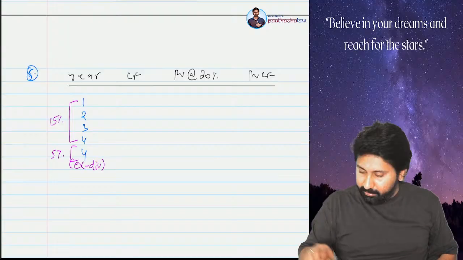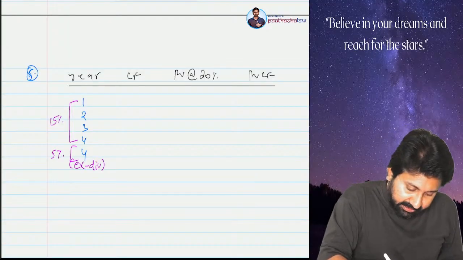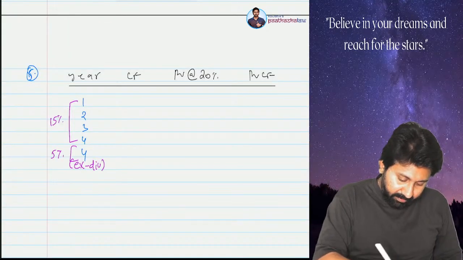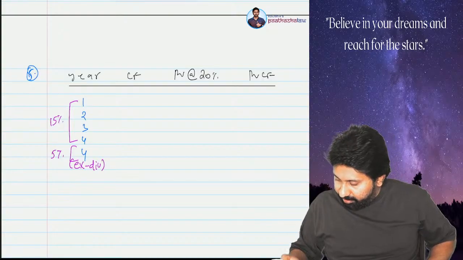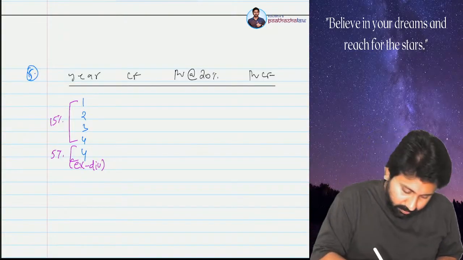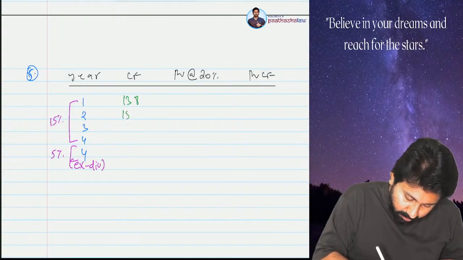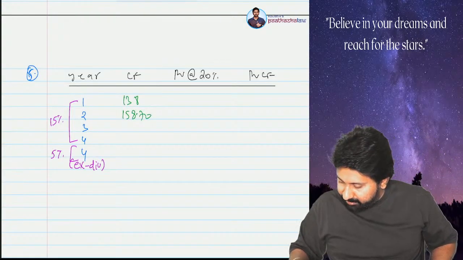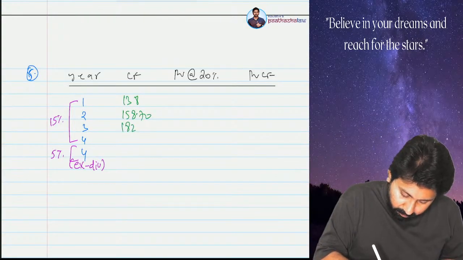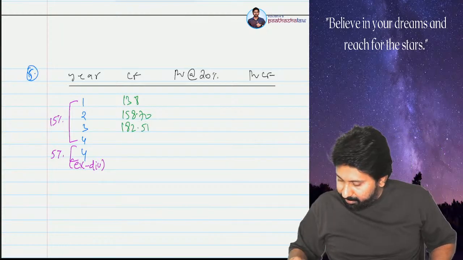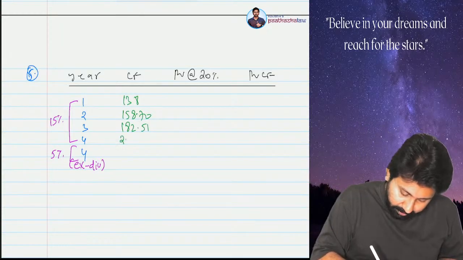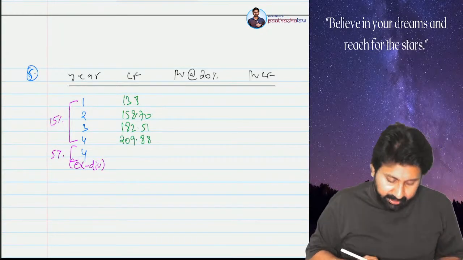Okay, start. Tell me, first year how much will I receive? First year 120 plus 15%, 138 plus 15%, 158.7 plus 15%, 182.51 plus 15%, 209.88.